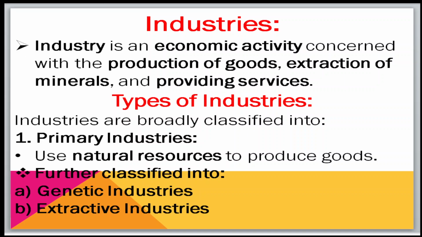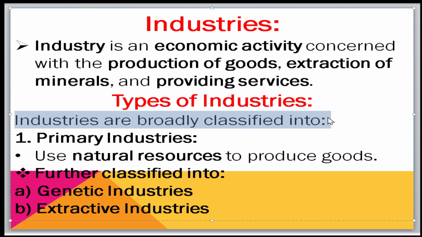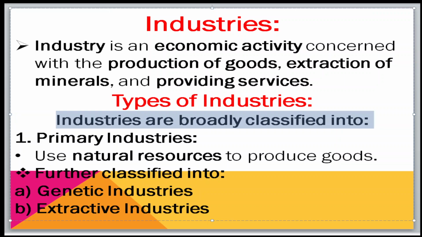Industry is an economic activity concerned with the production of goods, extraction of minerals, and providing services. Types of industries: industries are broadly classified into primary industries and secondary industries.